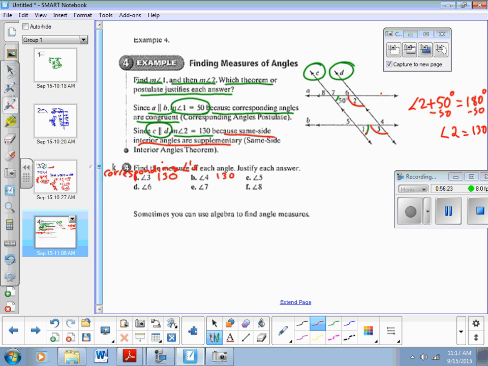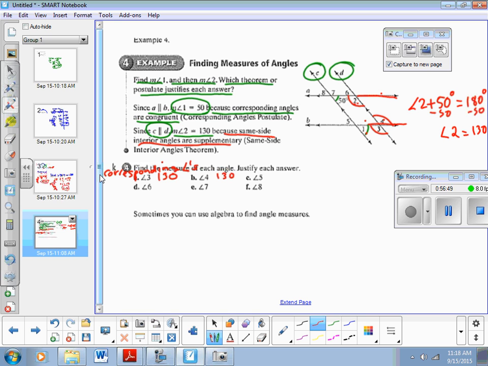Now you could also say that angle 4 is an alternate interior angle to angle 2, isn't it? See, angle 4 and angle 2 are alternate interiors. Here are the 2 parallel lines. These would be the other alternate interiors.